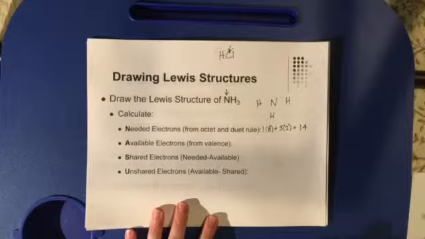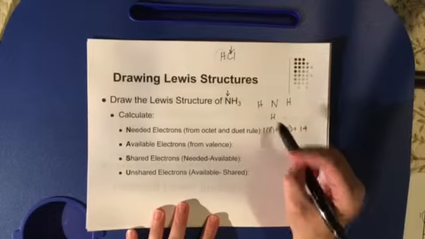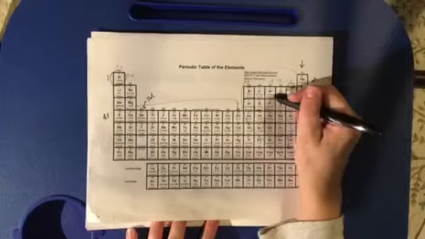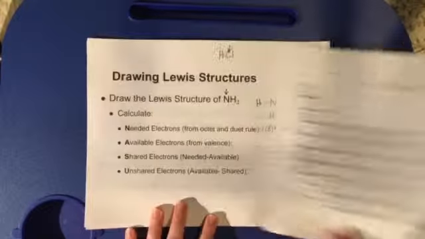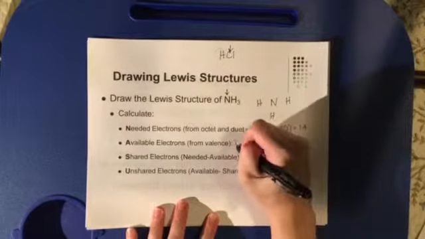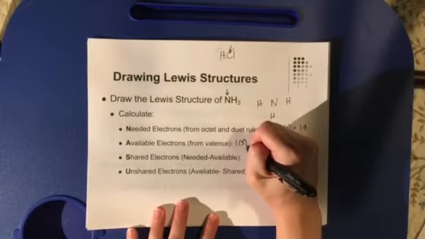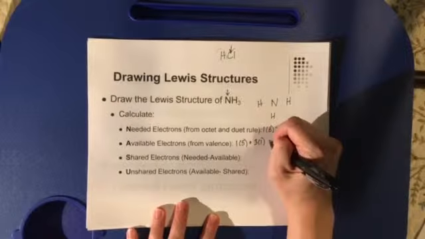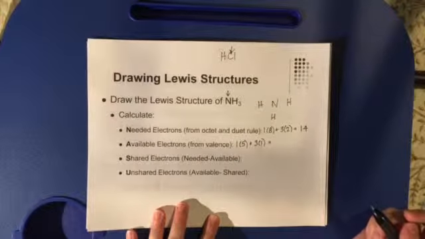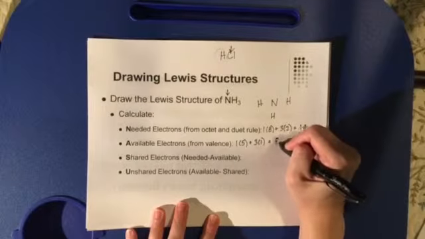That's how many are needed. Available, we've got nitrogen in group 5, hydrogen in group 1. And so we've got 1 nitrogen that has 5, 3 hydrogens that have 1. And so what we have available is 8 electrons.